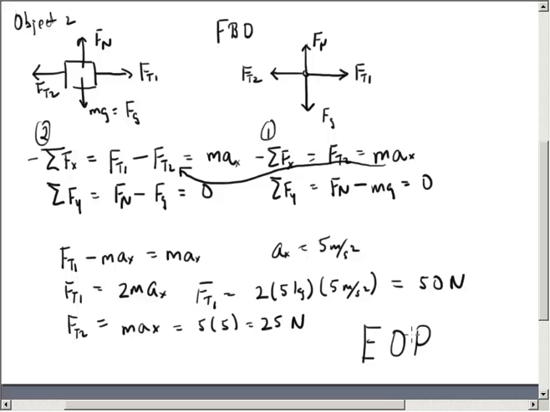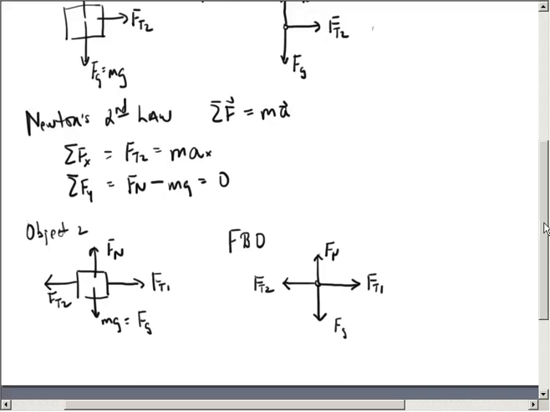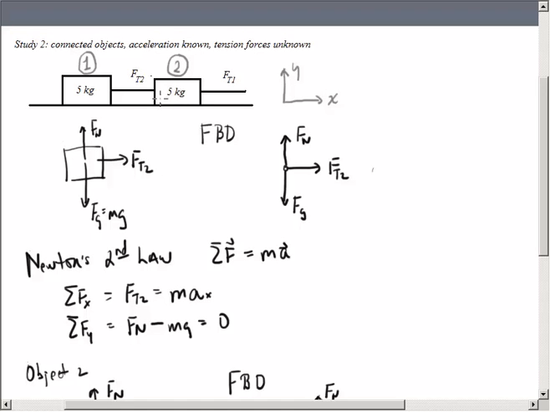A couple points that I'd like to point out here, particularly on this first slide: in order to know what the tension is here, we use Newton's third law, and whatever the force is at this point from the tension in the rope is equal to the force here in the opposite direction on this object from the tension of the rope. Okay, we will stop there.